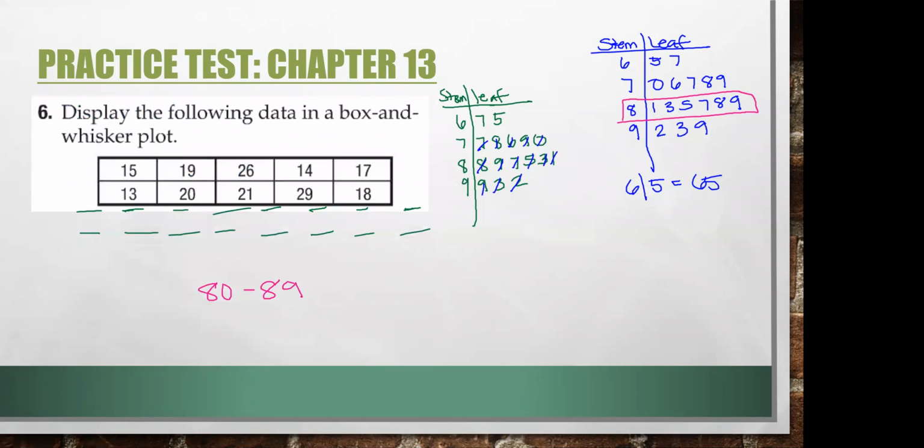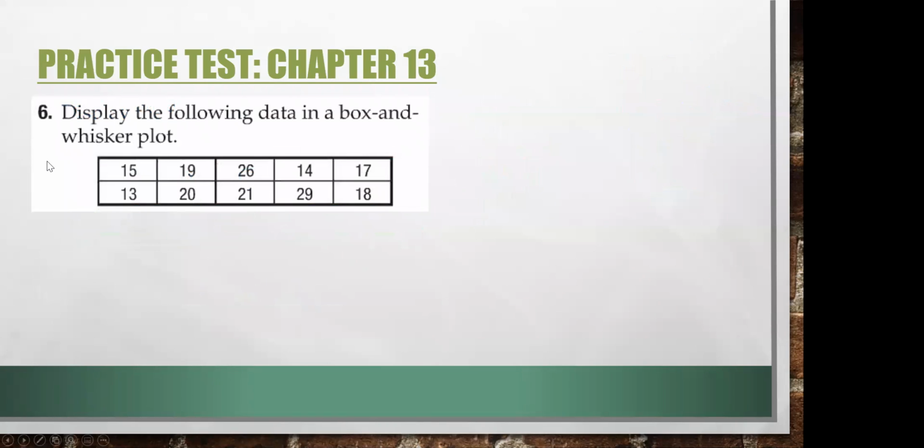All right, now here, this set of data says to display the following data in a box and whisker plot. Okay, so the first thing I'm going to do is put this data in order from least to greatest.